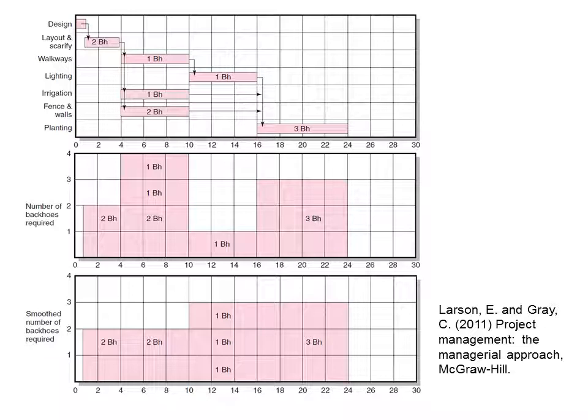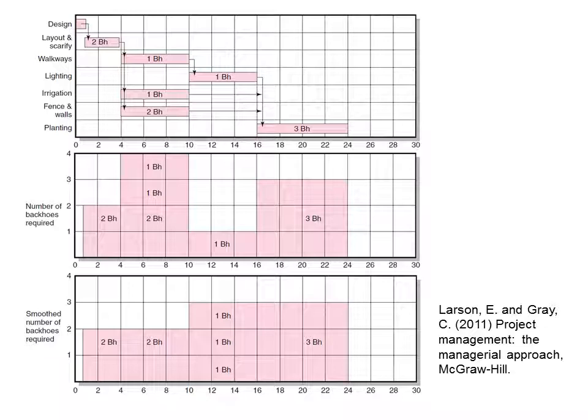So we could move that activity to start in week 10 and finish in week 16, and that would shift the requirement for 2 of these machines from weeks 4 to 10 to weeks 10 to 16. And so we have a smoother, notice the word smoother, distribution of this particular resource throughout the project.